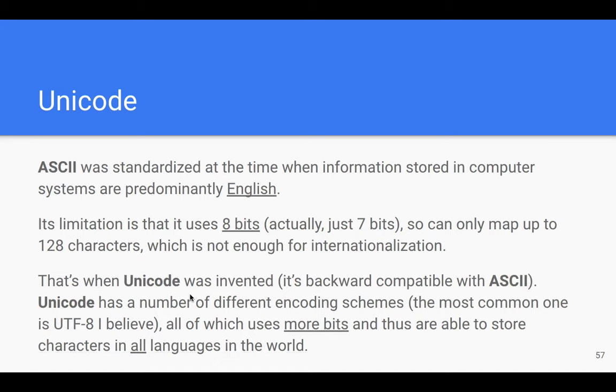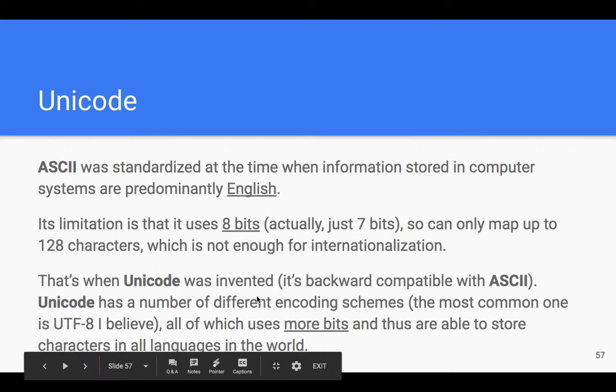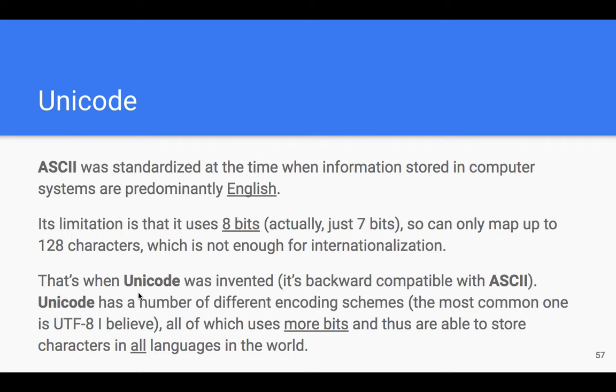We need a bigger space to map all the characters to numbers, and that's when Unicode was invented. One good thing about Unicode is that it's totally backward compatible with ASCII, so the first 128 numbers in Unicode map to the exact same English characters.